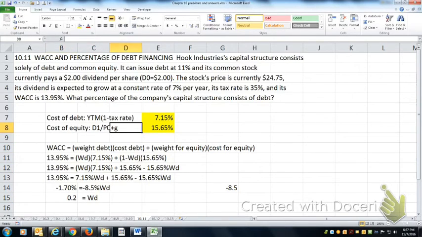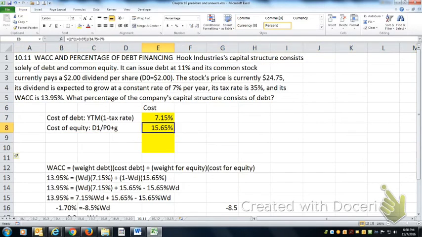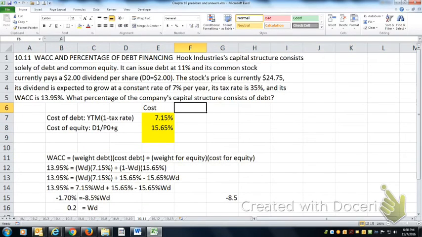I can check my arithmetic up here. If this is the cost, and this is the weight, so I've solved for the weight of debt as 0.2. That must mean that 1 minus 0.2 is the equity weight.